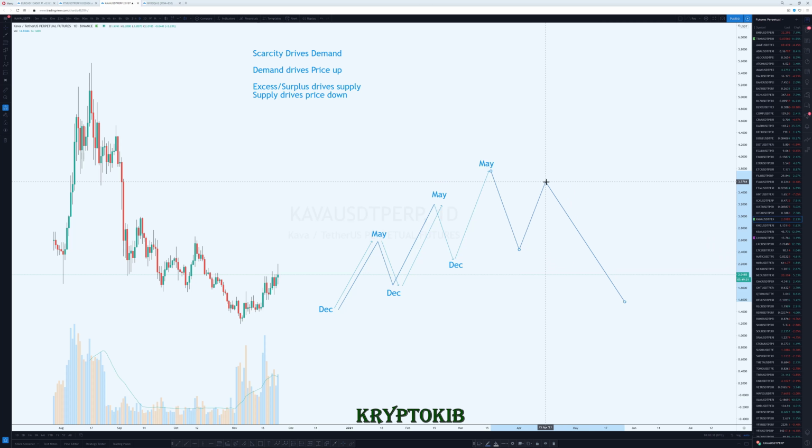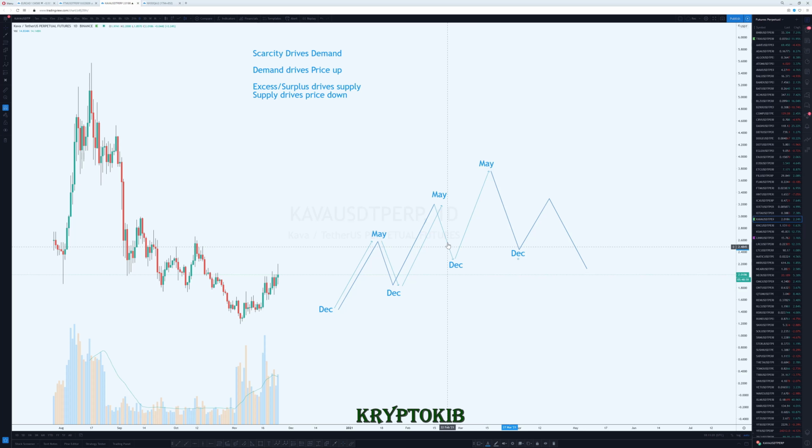And what are we waiting to see to know that the price is going to come down? The price may come down up to a higher low, then goes back up maybe the next May. This will be December, sorry about that. This will be December.